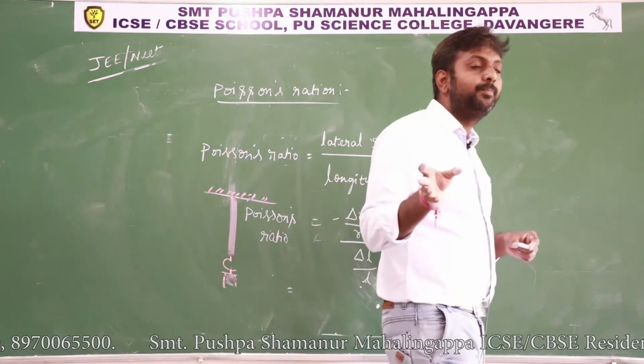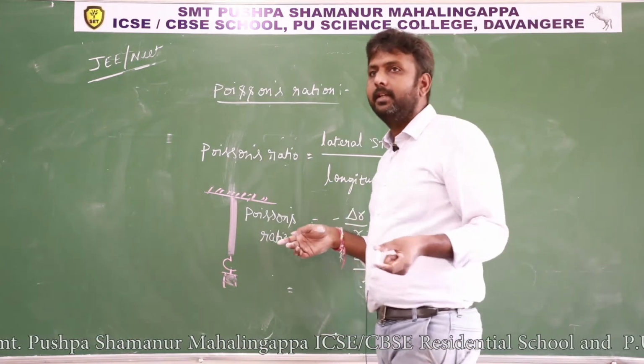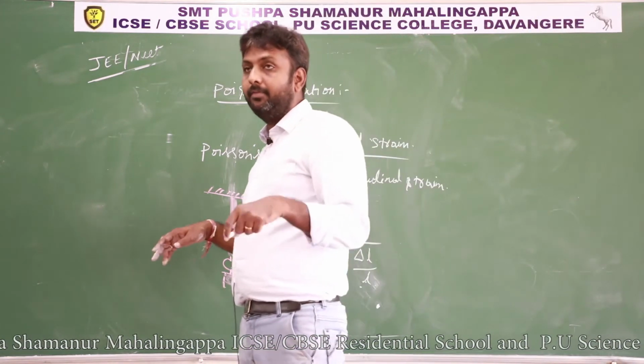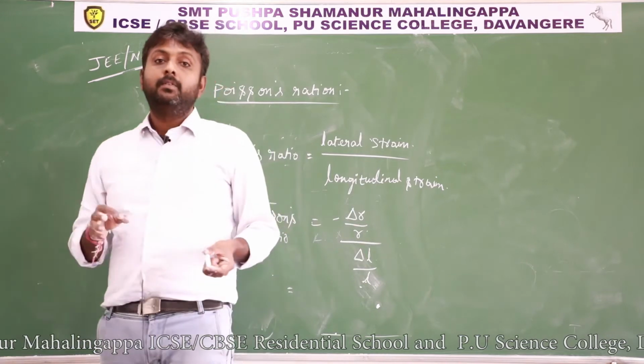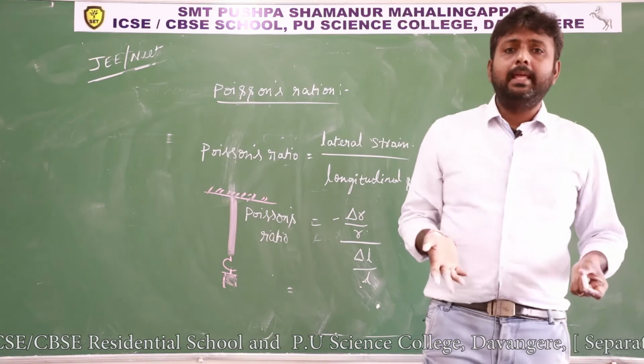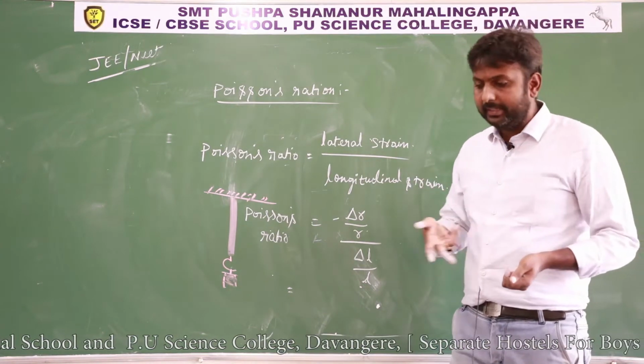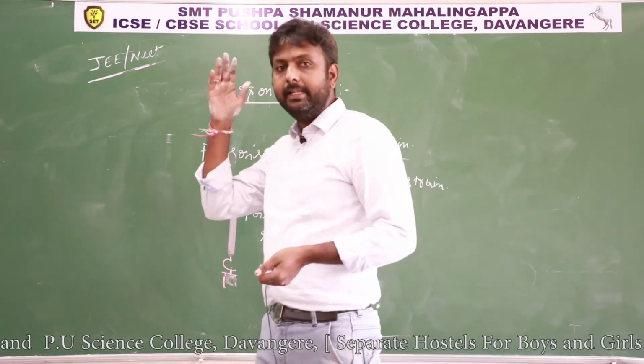In the starting class I explained rigid body, elasticity and plasticity. I forgot to give one more example, which is nearest to an elastic body. We cannot have any perfectly elastic body; that is an ideal concept.